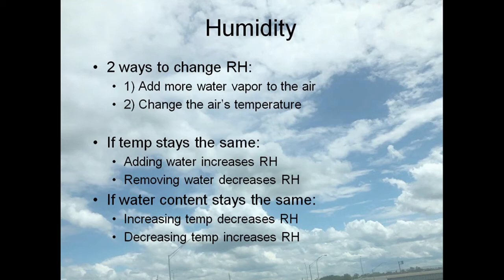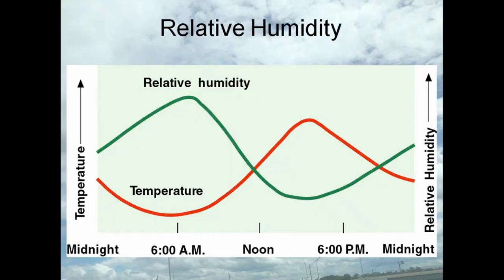If you decrease the temperature closer to the dew point, then you become more saturated, which is a higher relative humidity. Basically, here's a graph. As the temperature decreases, the humidity increases. As the temperature increases, the humidity decreases. So they are basically inversely proportional. When temperature increases, it gets further from the dew point, drier air. When temperature decreases, it gets closer to the dew point, more saturated air.